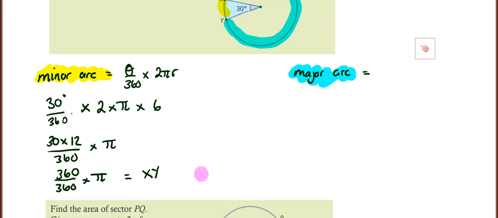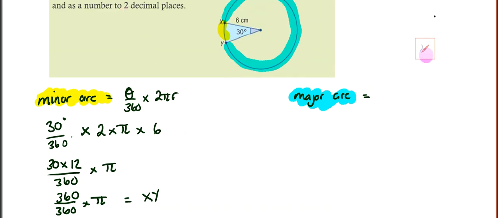So that's 1 times pi, so pi. It is in pi, but it says give it to 2 decimal places, so the minor arc equals 3.14.